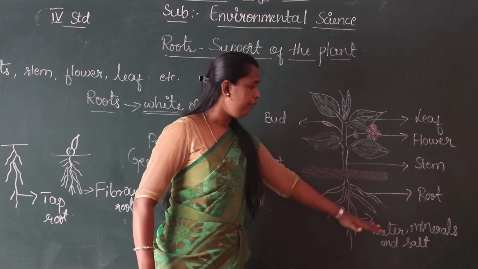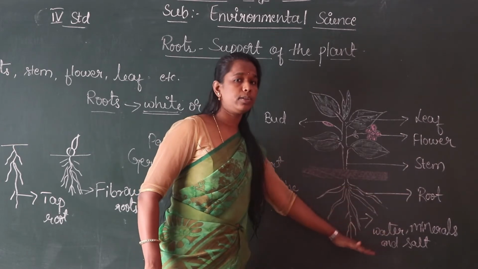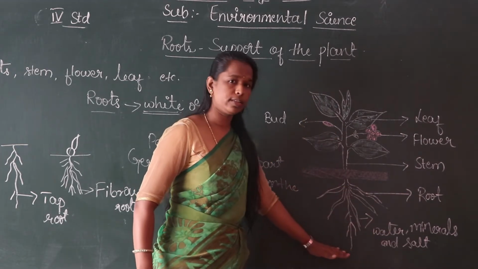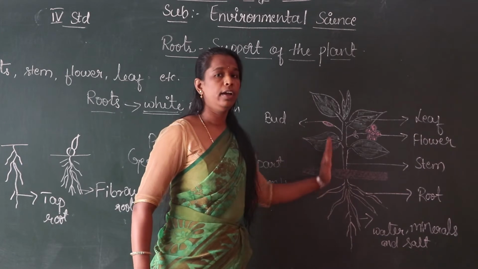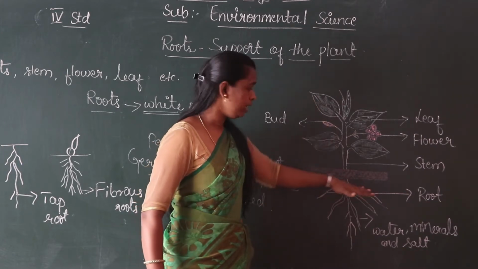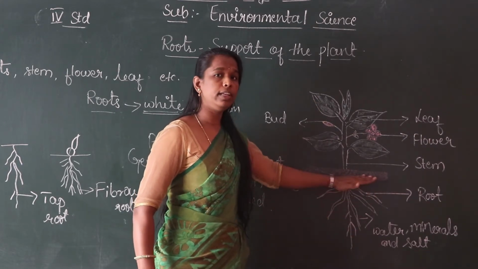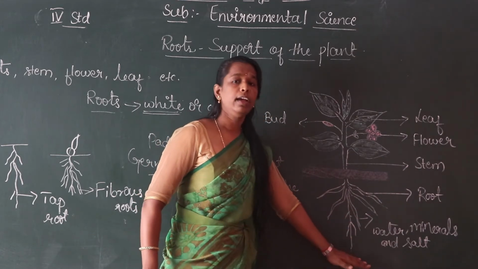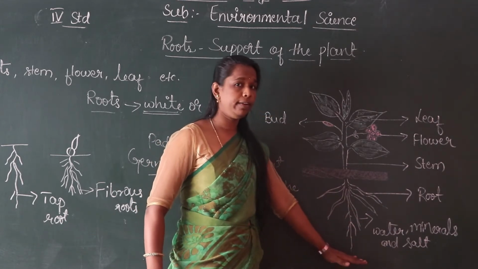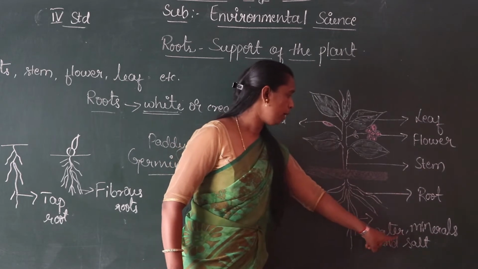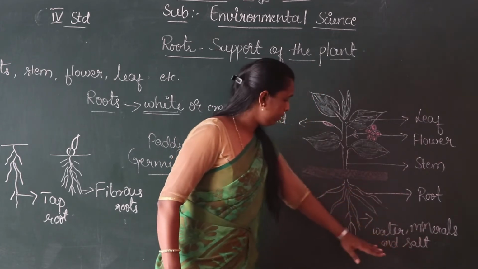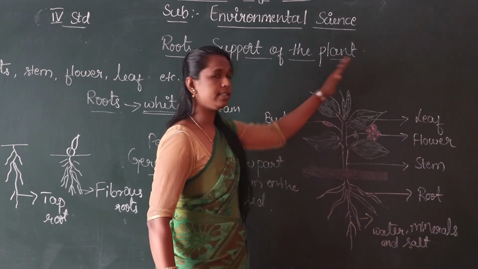Okay, children, where do the water, minerals and salts get from? So the roots support the plant to stand straight. Root is the support of the plant, and it transports water, minerals and salt from roots to all parts of the plant body.